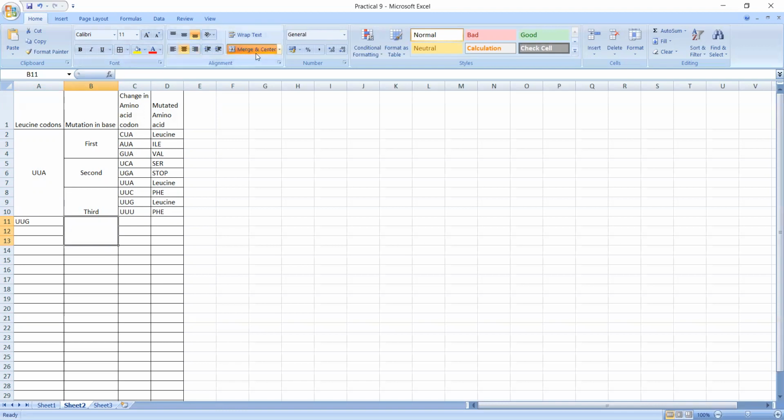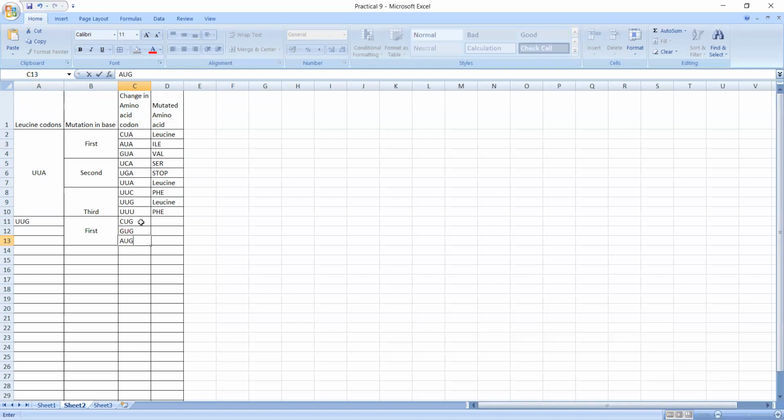So if there is a mutation in the first base, what is the first base here? The first base is U. So if there is a mutation in the first base, it is going to be CUG, then GUG, or it could be AUG.